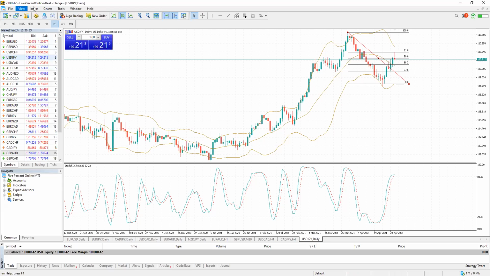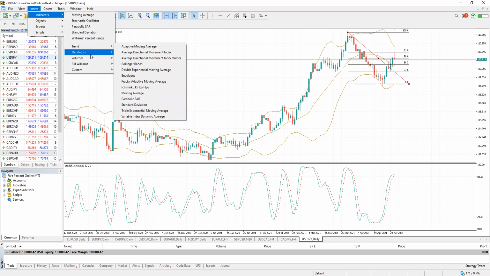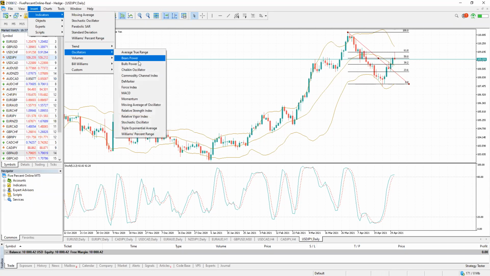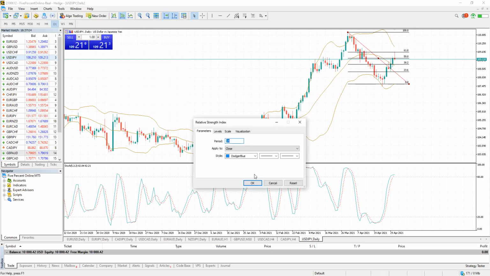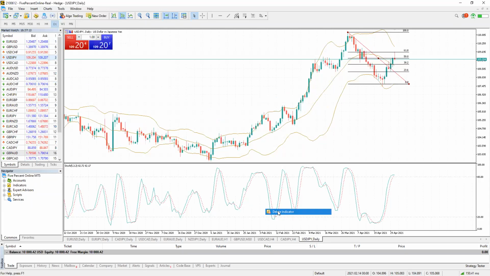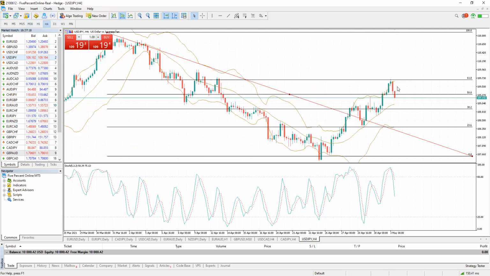And if I put RSI, the relative strength index, maybe this is not the same settings. But yes, you see clearly that on the Fibonacci, it makes a great retracement exactly at these levels. So that's a wonderful trade if you enter here and wait for confirmation.